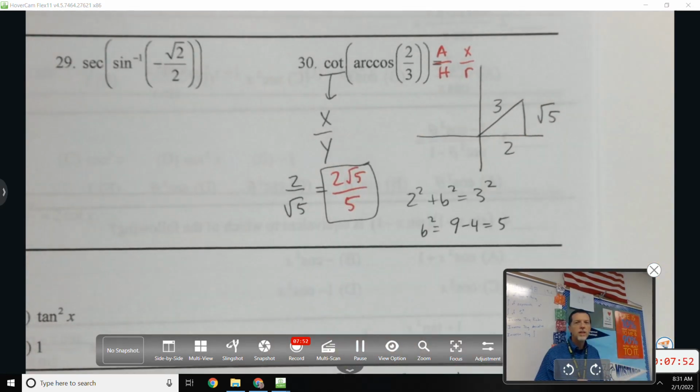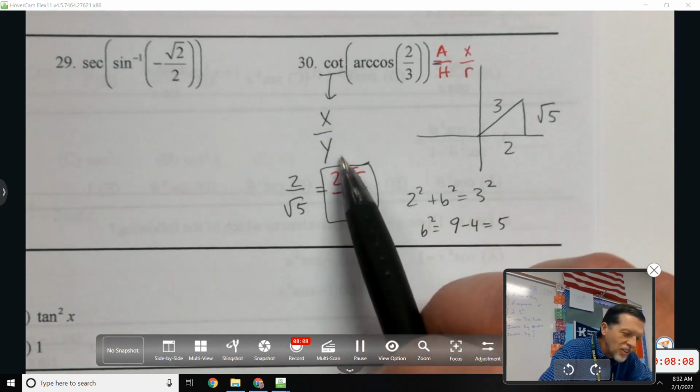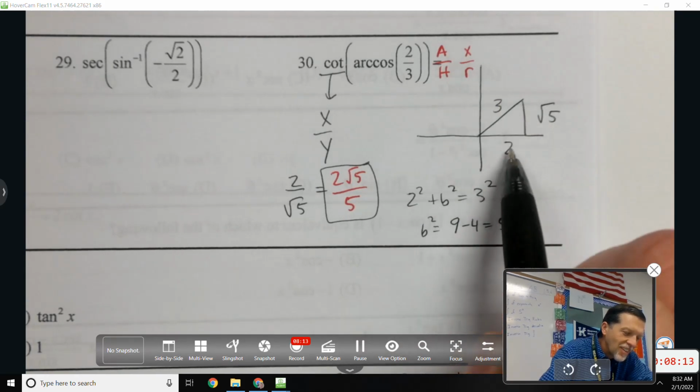The key is wrong. Who is making these keys? Well, this one's not me. Miss Houston's key. Oh, you can tell whose it is. Yeah. She has root 5 over 2. She's wrong. Well, let's double check my work here. Cotangent is x over y. 2 over root 5. I got that answer and then I checked the key and it was different.